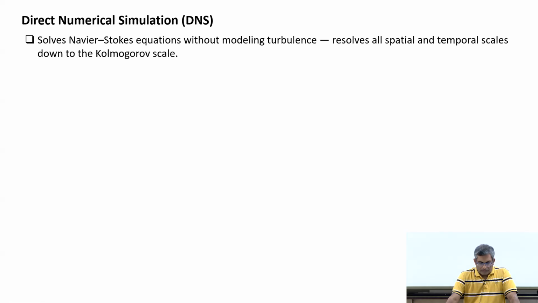Now, when we say we resolve everything, the question is, is it enough? If you have only single phase flow, then yes, if your grid size is smaller than the Kolmogorov scale, then you have resolved. But if you have particles, is it correct to say that we resolve everything unless your grid size is less than the particle size itself?